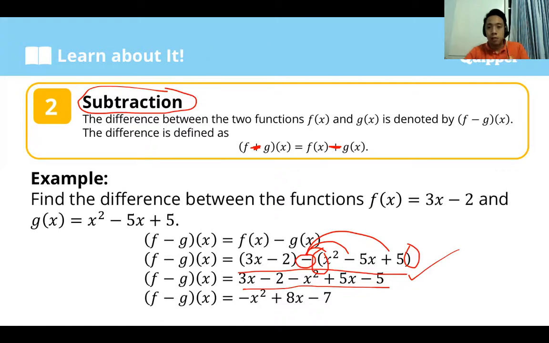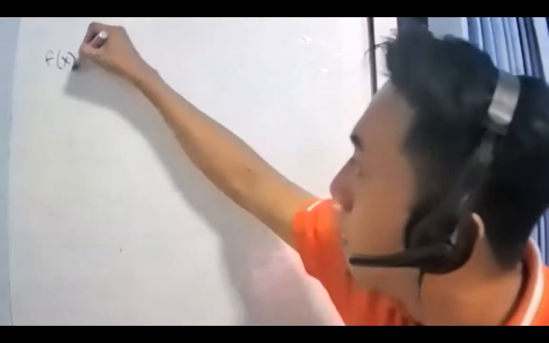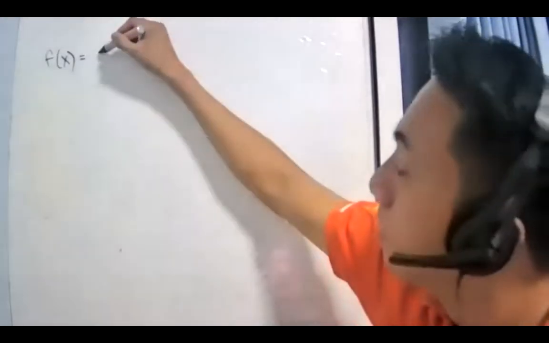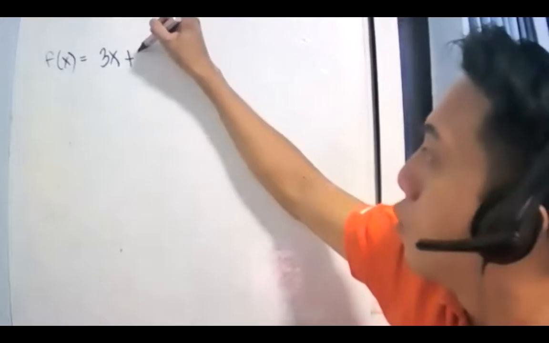So I will stop sharing again. Proceed tayo sa ating isa pang camera. So this, f of x, let's say 8x plus 2.